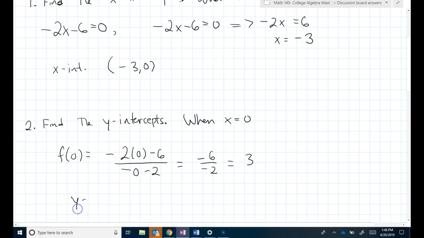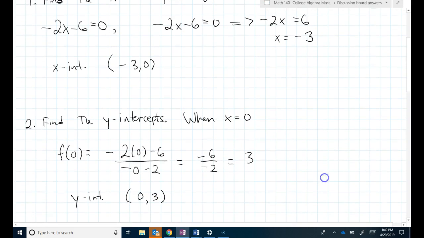So my y-intercept is 0, 3. Great. Those are 2 points that are on the graph. And the reason we did both of those is, one, they're just important aspects of any kind of function, and two, they're going to give us a way to make our graph look a bit more accurate.